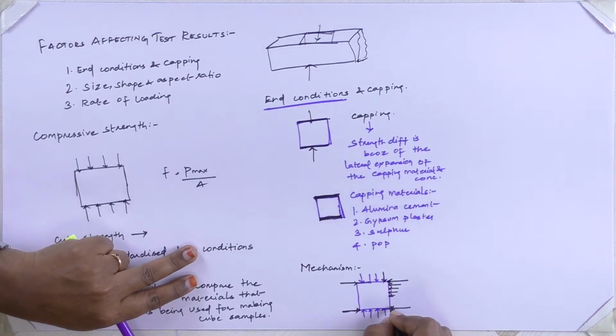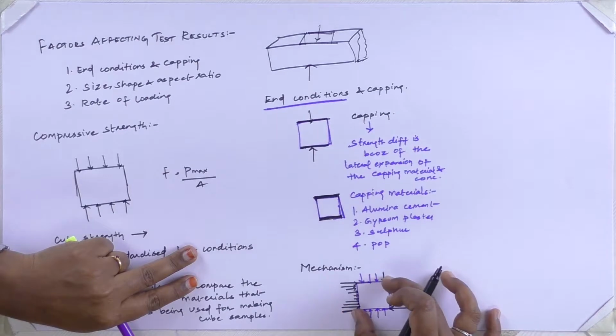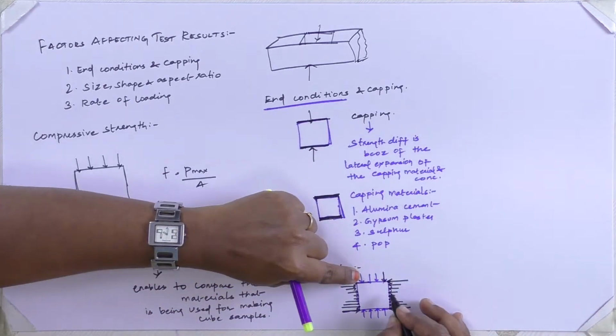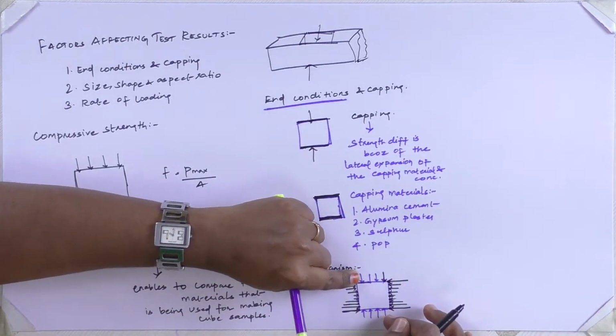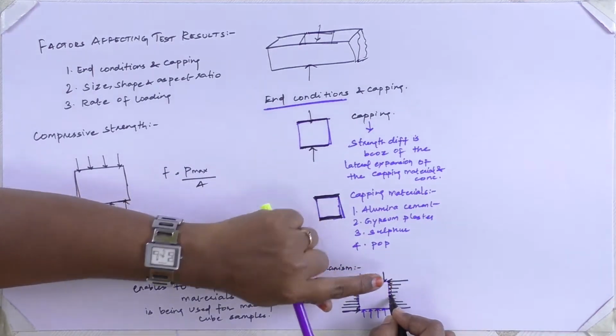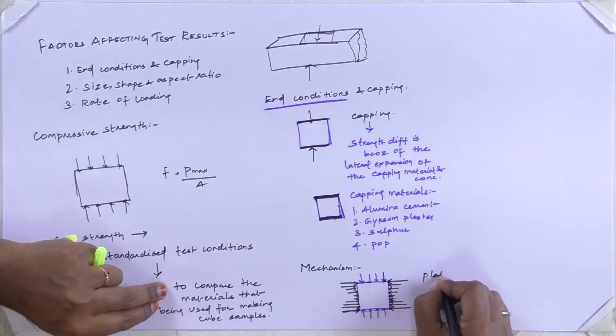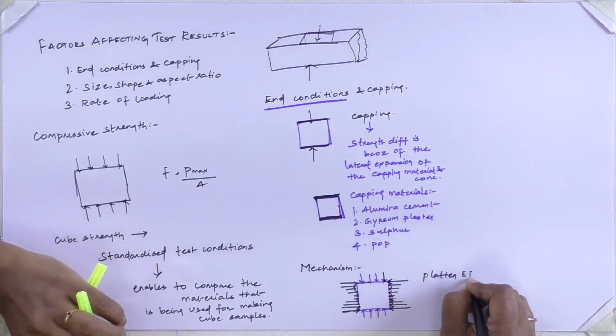Likewise, from the bottom also it starts gradually reducing towards the middle. The same happens here. So the frictional force, which was more at the top and the bottom, gradually reduces towards the center, and this mechanism is called the platen effect.